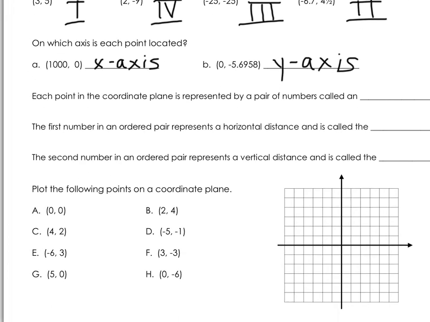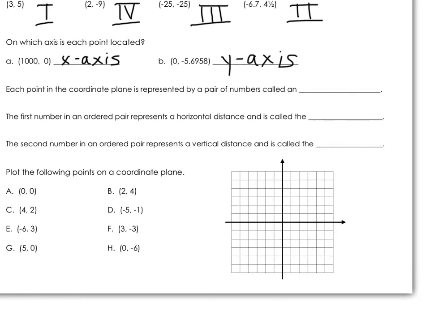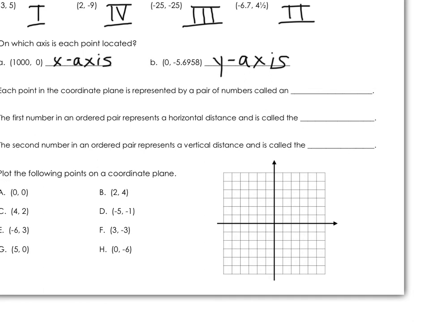Each point in the coordinate plane is represented by a pair of numbers called an ordered pair.